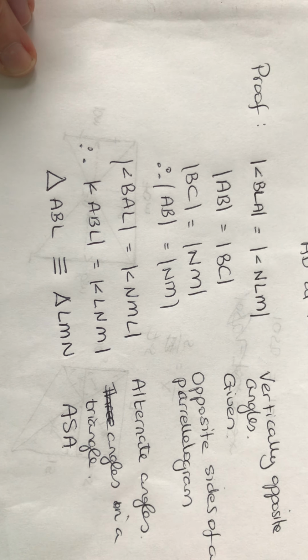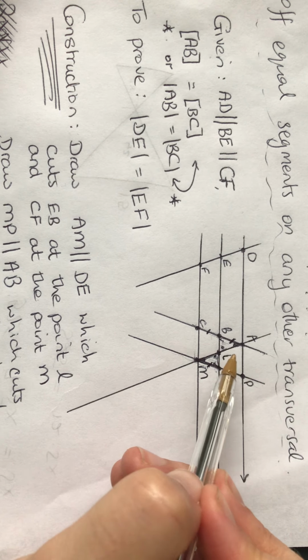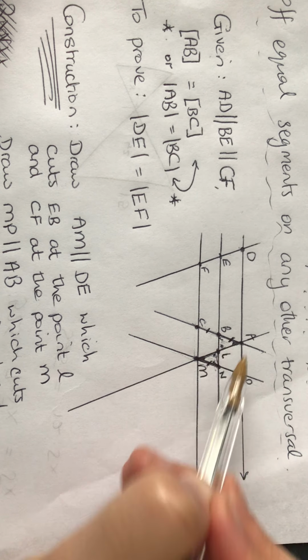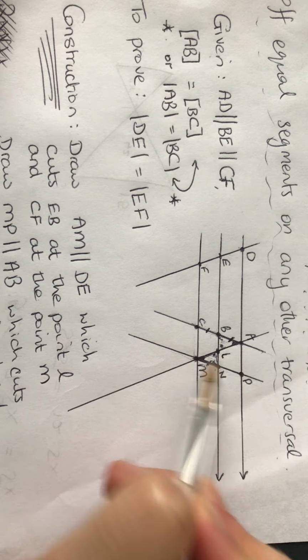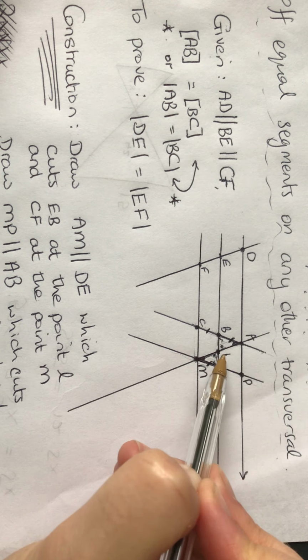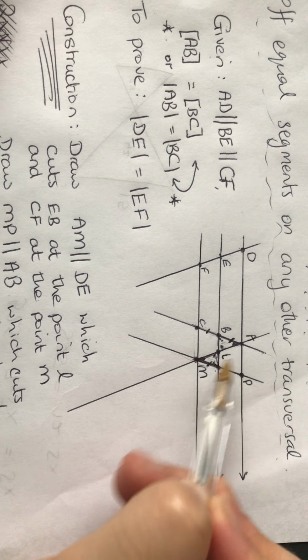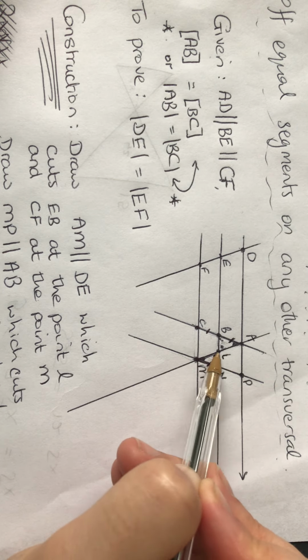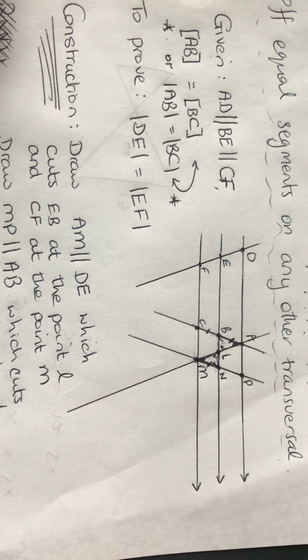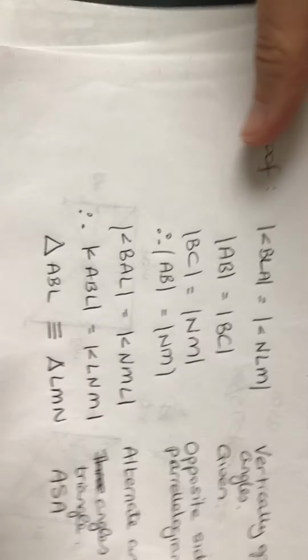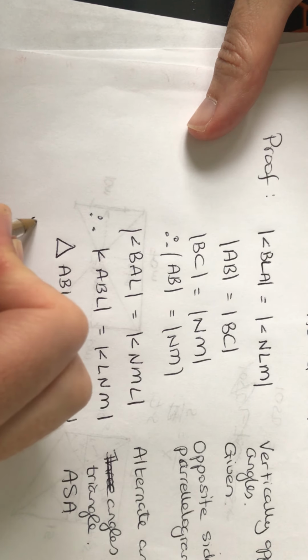Therefore, AL is equal to LM. Think about it: if that's equal to that, and that's equal to that, and that's equal to that, we're saying they're exactly congruent triangles. So AL is equal to LM.